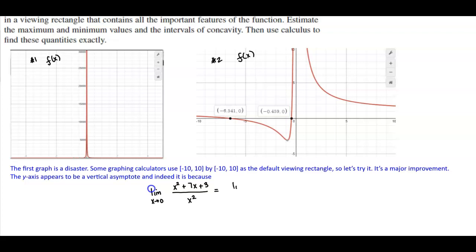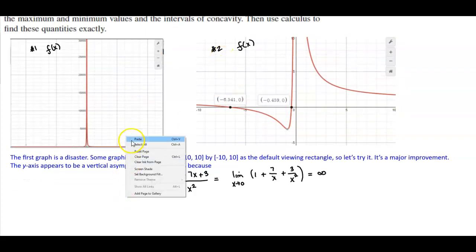We get the limit as x approaches 0 of x squared divided by x squared, which is 1, plus 7x divided by x squared, which is 7 over x, plus we have 3 over x squared. And so therefore that's going to give us infinity. So as x is approaching 0 from the left and right, we can see that there is a vertical asymptote at the y-axis.